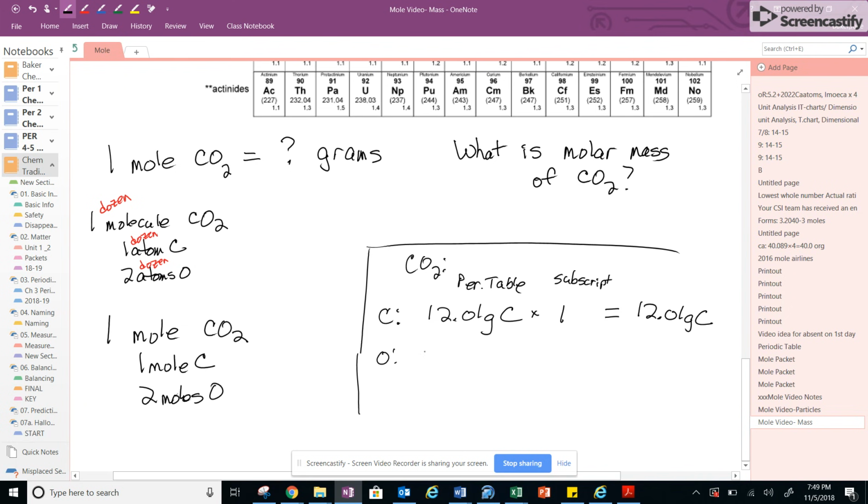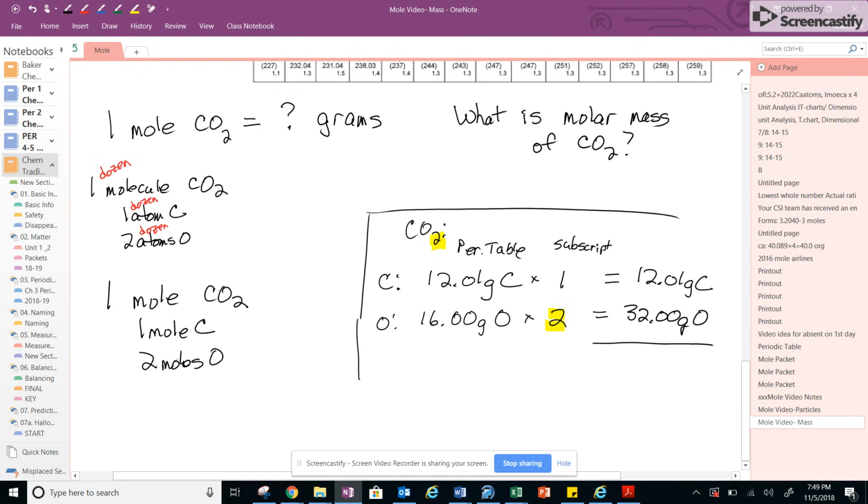For oxygen, the periodic table says 16.00 grams, but the subscript there is a 2, so this is 32.00 grams of oxygen.